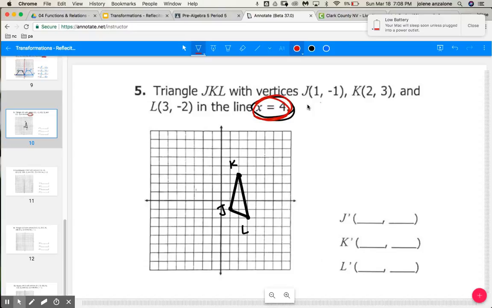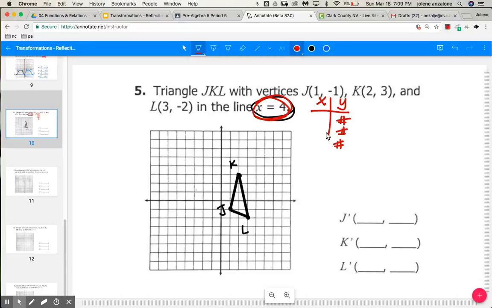So this isn't just x-axis or y-axis. Now, if you remember with graphing lines, when you have an equation where there's only x or only y, we're looking at a vertical or horizontal line. If you were to draw a table, and you tried to get x and y coordinates, no matter what y you picked, the x would always be 4.